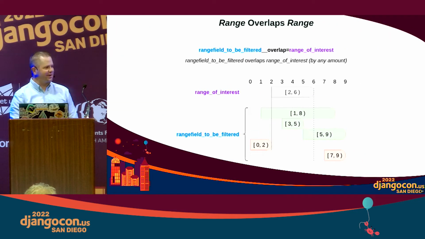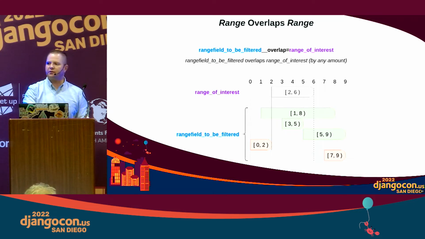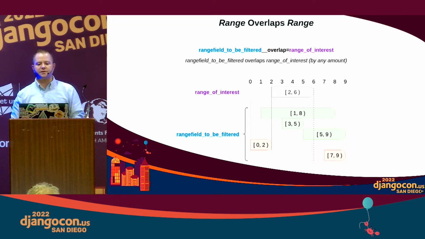Kind of boring stuff, but here we go into the visuals of it. So I put together several slides here. Again, I'm very much a visual person, and I know I'm not alone in that. So sometimes seeing how these different lookups that can be used when you're querying ranges, seeing it visually can help.